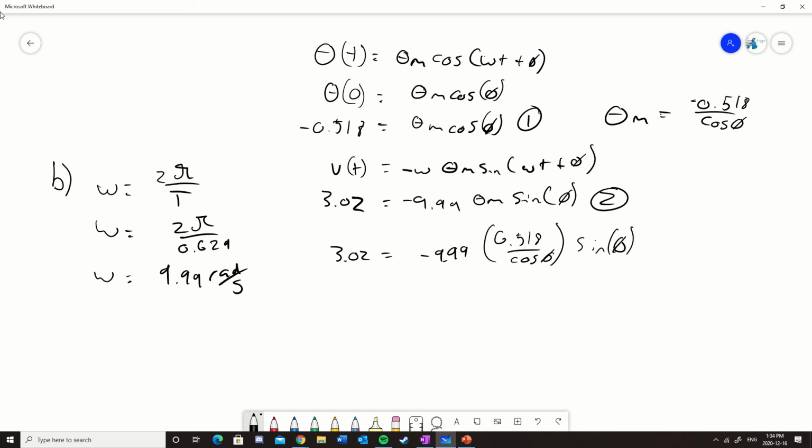And with some rearranging, we find that 3.02 over negative 9.99, that over 0.518 is equal to sine phi. Oh, hold on a sec, I forgot the negative here. It's equal to sine phi over cos phi, which, if you know basic trigonometry, is equal to tan phi. And from there, we can, just going to erase some of this stuff up top here.